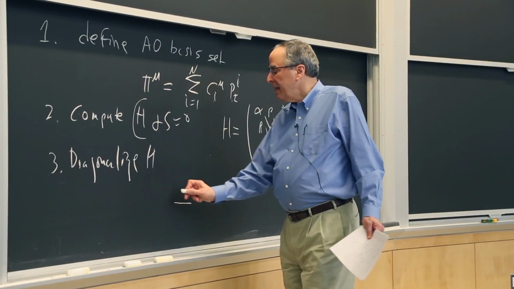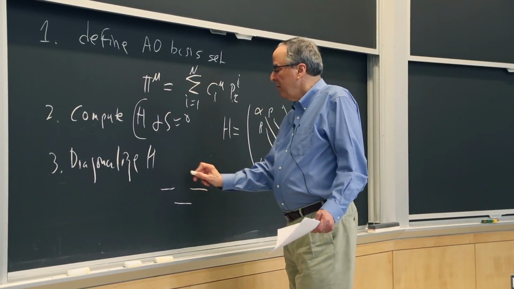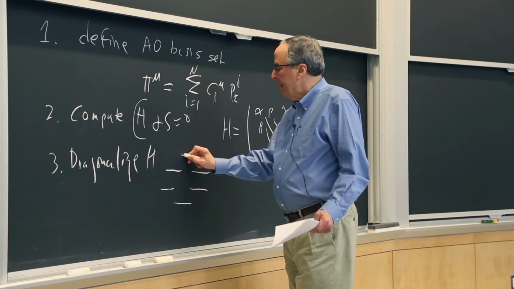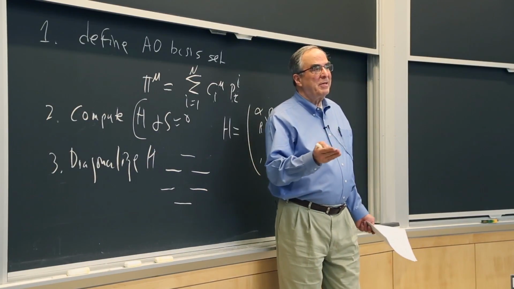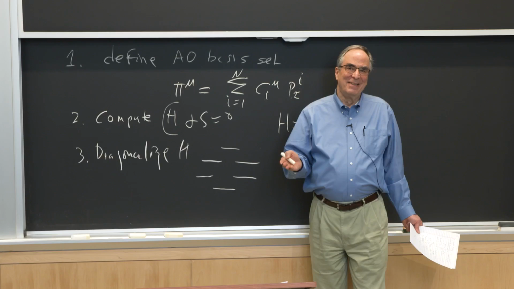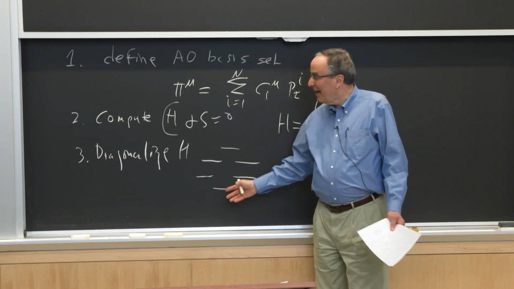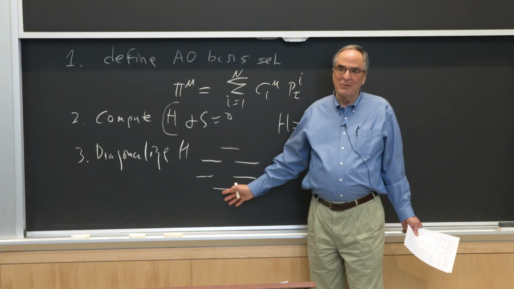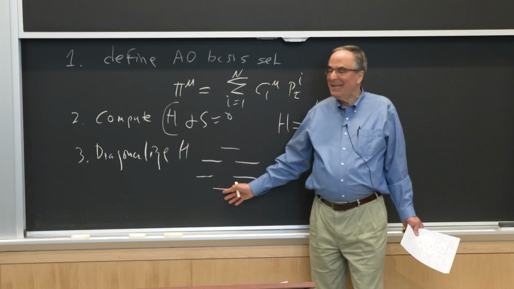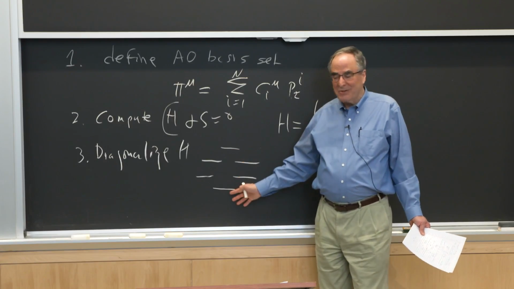Now, for benzene, what you would get, now this is important. How many carbon atoms in benzene? Right. And how many orbitals will you get from 6 primitive orbitals? Right. And so there are 6 energy levels.